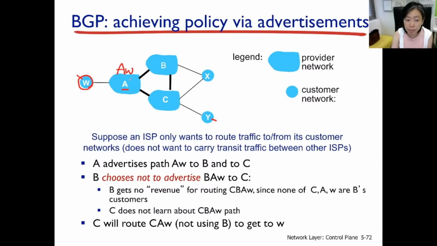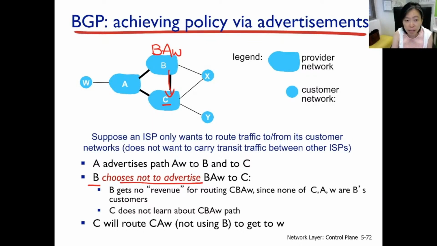So the AS path AW needs to be sent to the neighboring ASs, which happen to be ISP B and ISP C. So A advertises path AW to B and to C. As a result, B is going to see this path and prepend itself and see if this AS path needs to be further advertised to yet another neighboring AS, such as provider C. Now, B's network admin actually knows better and chooses not to do that.